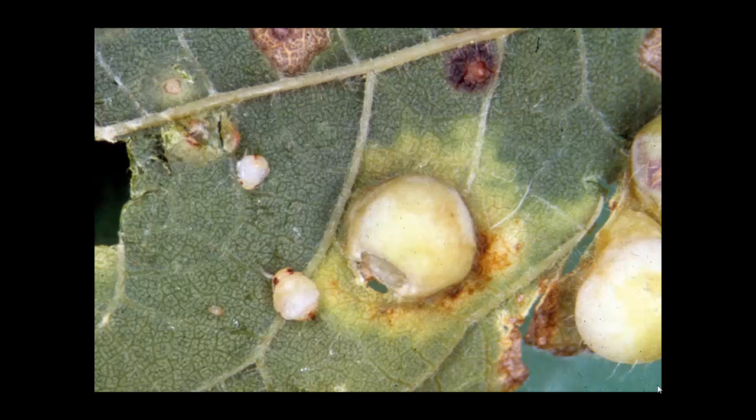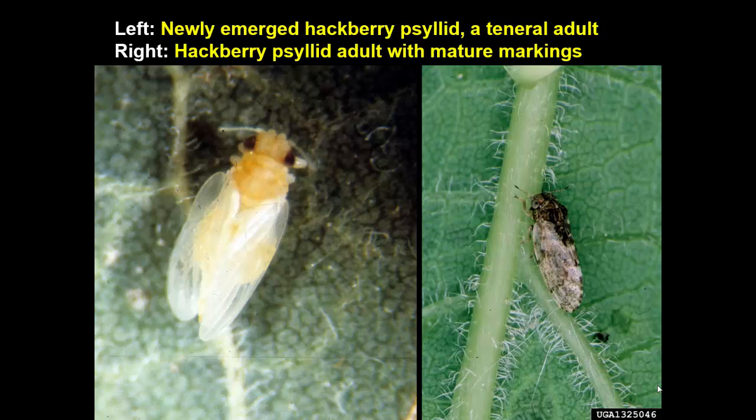In this picture, I've teased out the two kinds of galls and exposed the developing nymphs. To the right is a larger hackberry nipple gall psyllid, and to the left is a hackberry blister gall psyllid. These will continue to develop in the galls were they to be undisturbed, and ultimately would emerge as some sort of adult form.